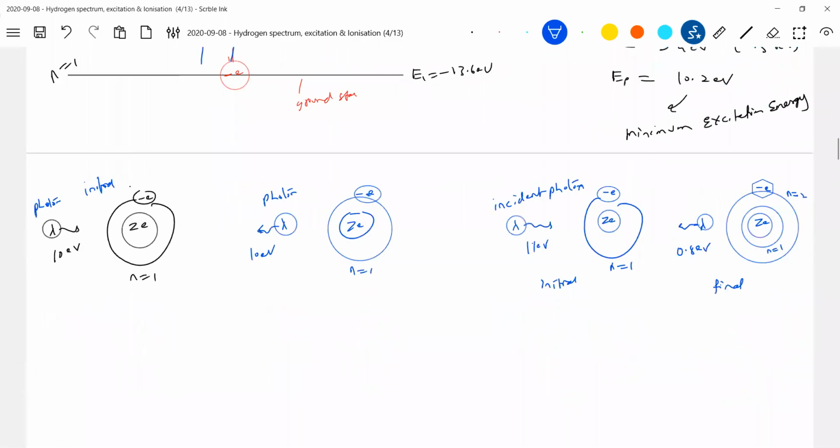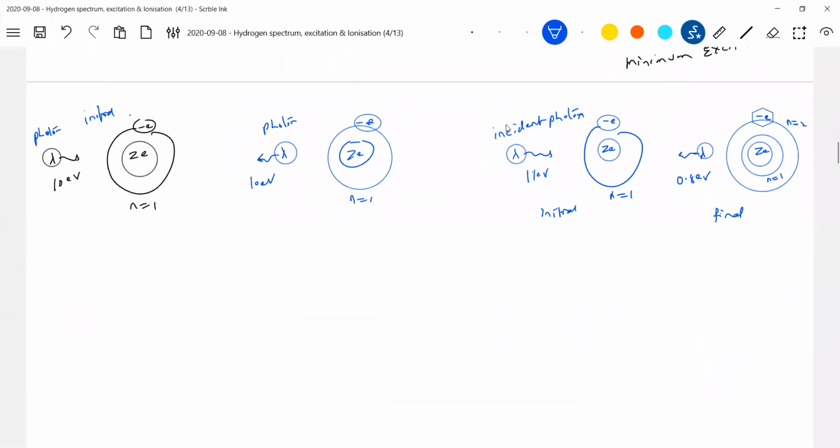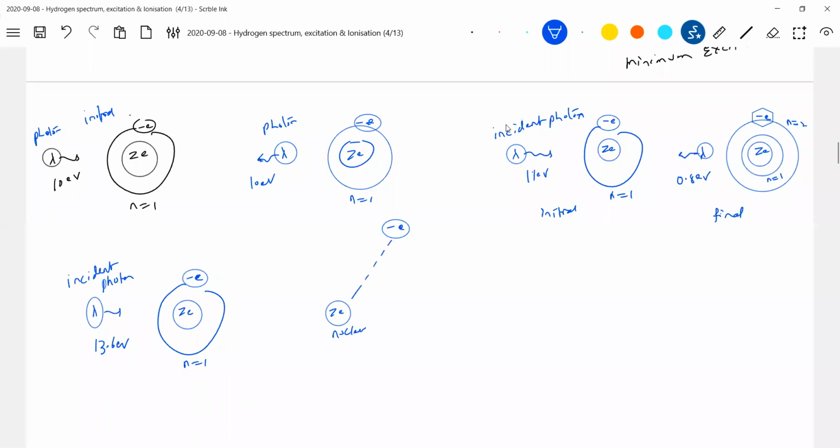Now if it comes with 13.6 electron volt, what conditions will arise? If the incident photon hits a hydrogen atom in the ground state, then this is the nucleus, and the electron will be separated by infinity.